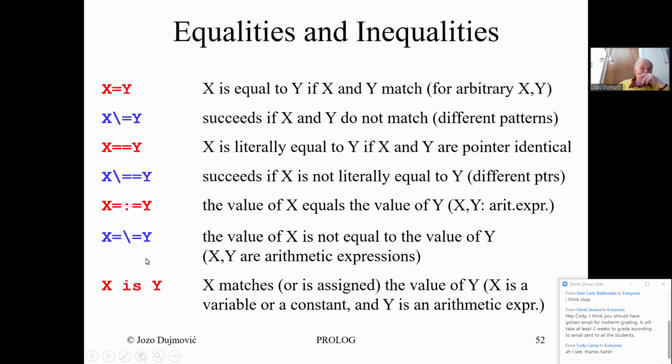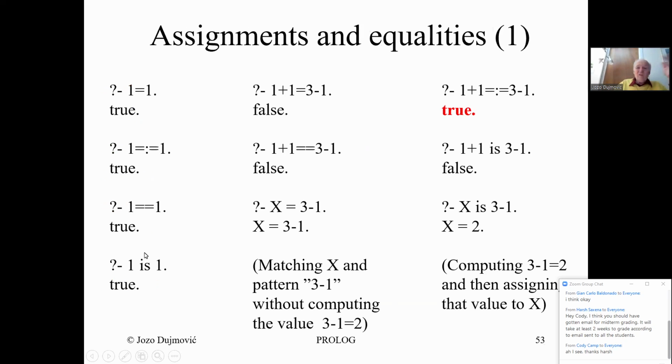So having that, we can try to see an example. If I say x equals 1, this is pattern matching. This pattern is the same as pattern 1, answer is true. Is 1 arithmetically equal to 1? Yes, it is. Subtract the 2 of them, you will get 0. True. Is 1 pointer identical to 1? This is a single constant that exists in memory.